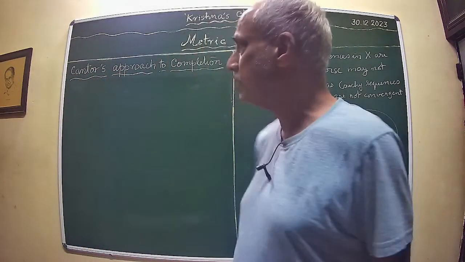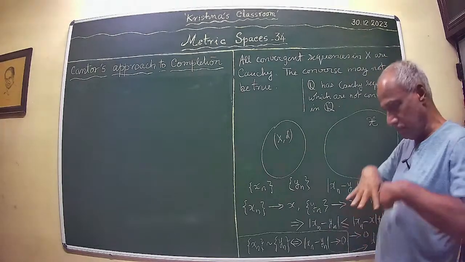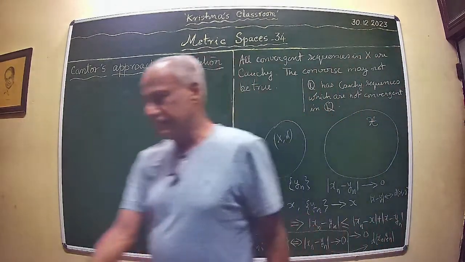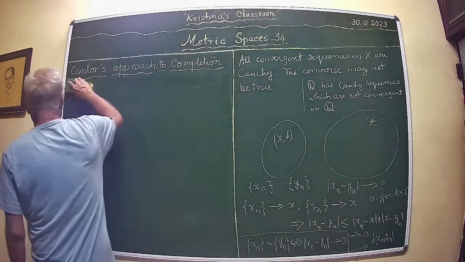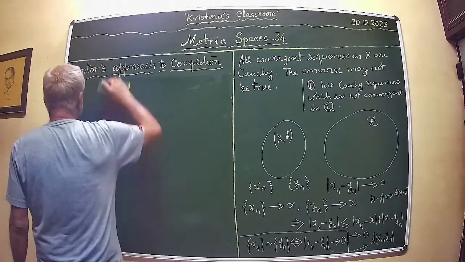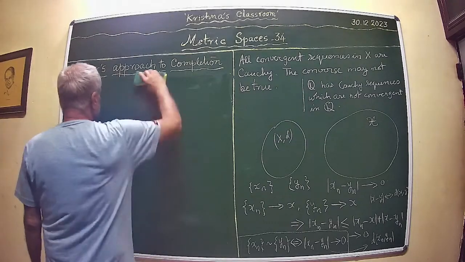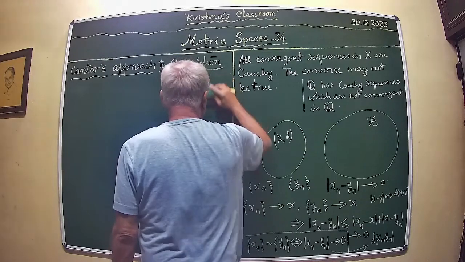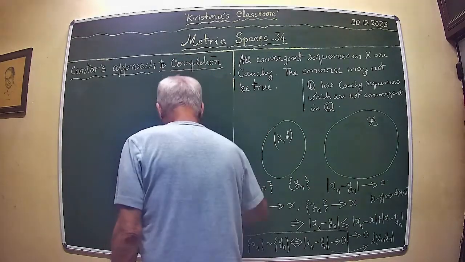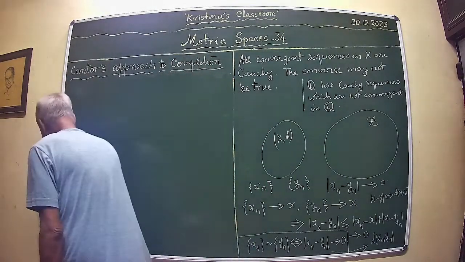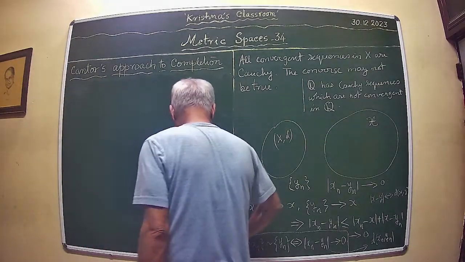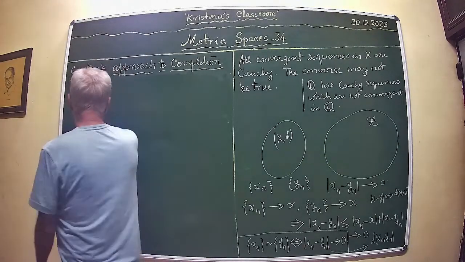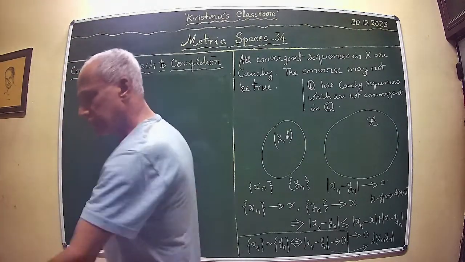So we shall see what kind of relation it is, and from our experience this is likely to be an equivalence relation, so that script X is now partitioned into equivalence classes.